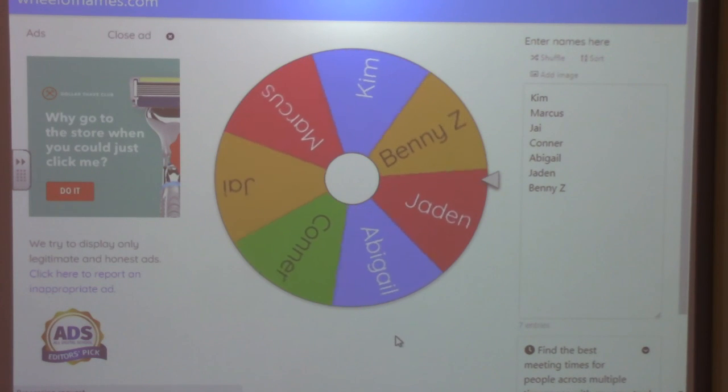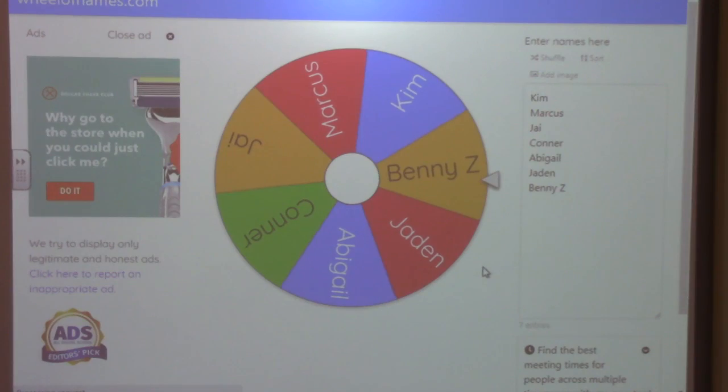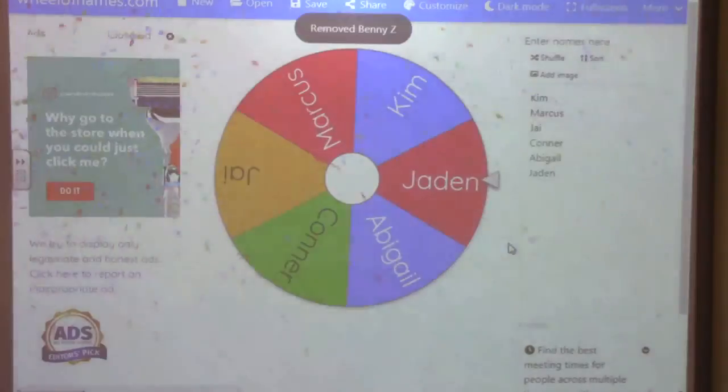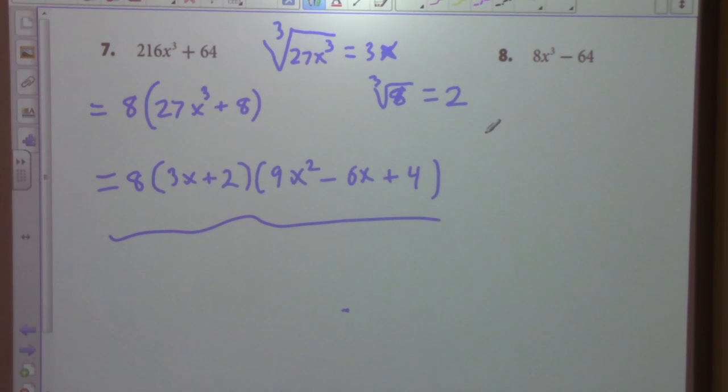You want to be AJ? Let's go, Benny Z. All right, Benny Z, what do we got? Okay, so you factor out the 8. That's x cubed minus 8. And that's a difference of cubes.